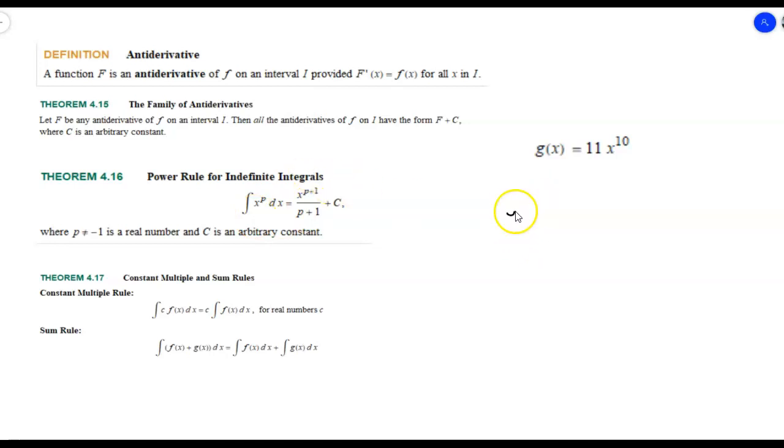So indefinite means we just put the little squiggly symbol, and then we put the function in here, 11x to the 10th power. And then we always put a d, followed by whatever variable we're taking the derivative with respect to.